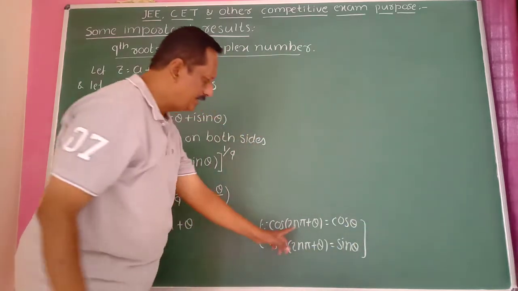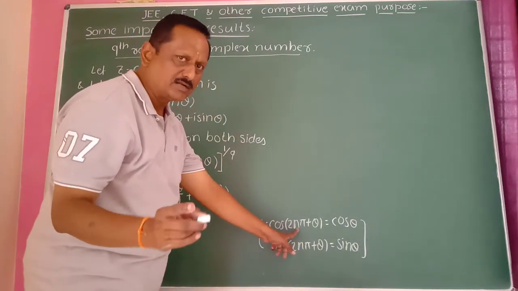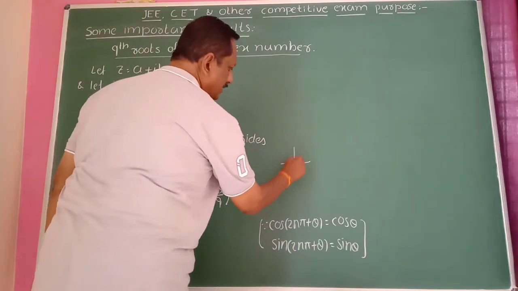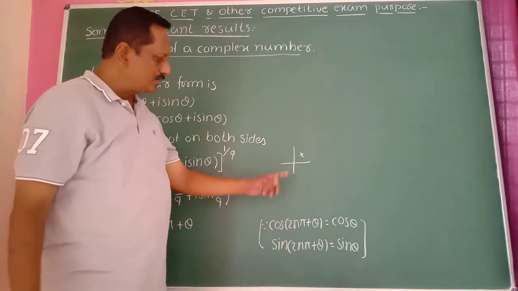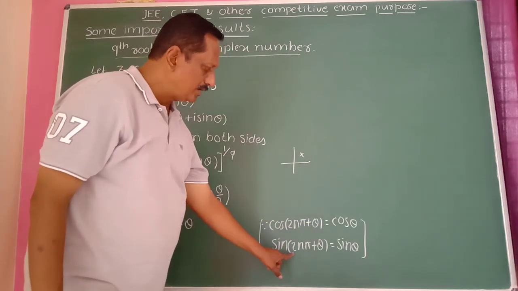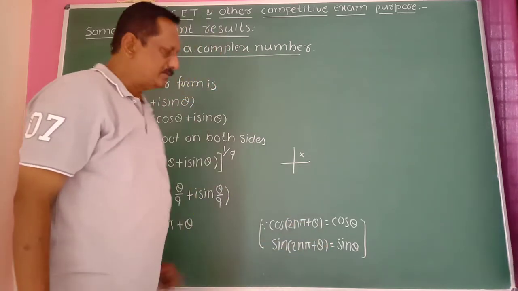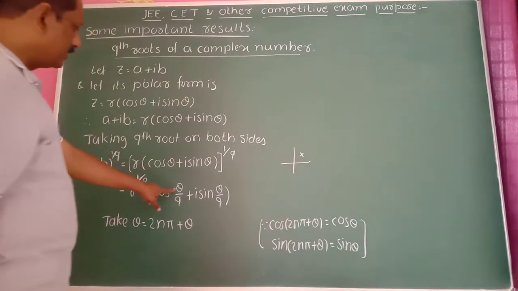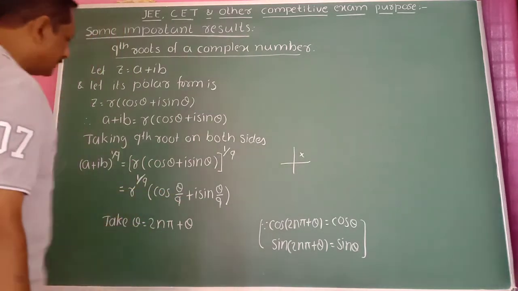You choose any value, n equal to 1, 2, 3 and so on, it again comes under the first quadrant only. In the first quadrant, cos of 2n pi plus theta is cos theta, and sin of 2n pi plus theta is again sin theta only. Therefore, we can replace theta by 2n pi plus theta.